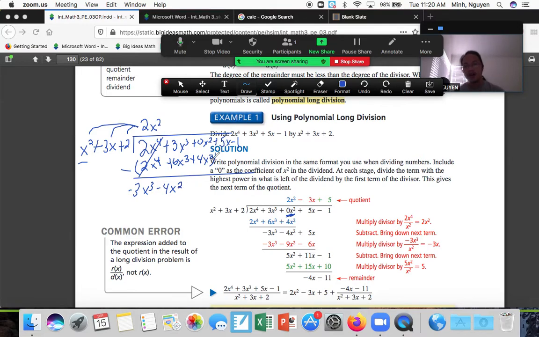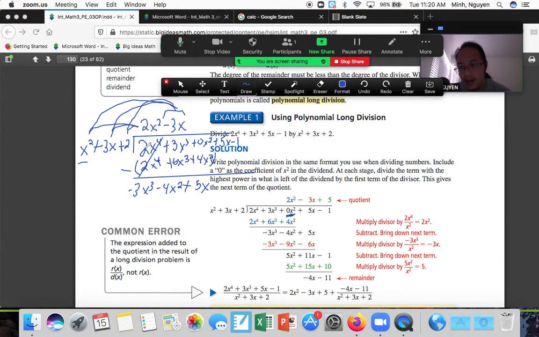And then go ahead and bring this down, 5x, just so you don't forget it. Negative 3x cubed divided by x squared is negative 3x. Then we're going to multiply this by every single term.